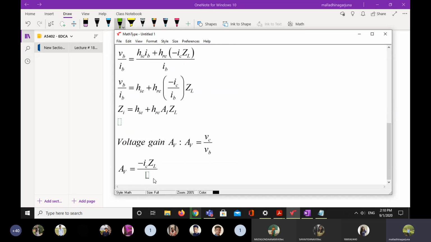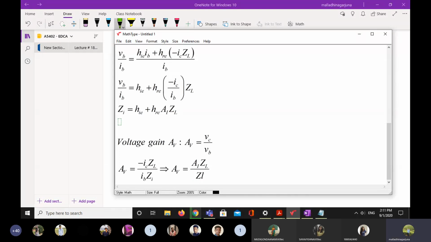So AV equals minus IC by IB, which I can write as AI, into ZL.